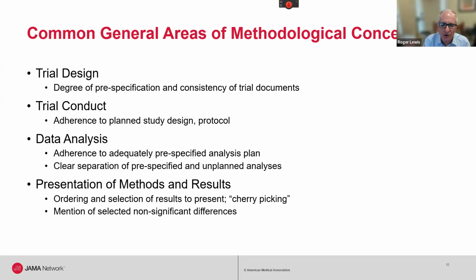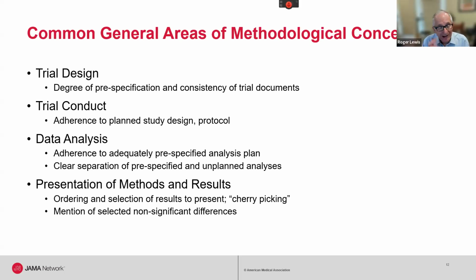The first is the degree of pre-specification and the consistency of trial documents. I'm going to go into this in detail, but you want your grant, your design manuscript, if there is one, your protocol, your statistical analysis plan, and then what you actually report in your manuscript to all agree on what was the endpoint, how was it collected, how was it analyzed, how did you handle missing data, those sorts of things.